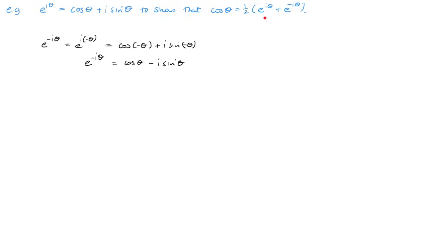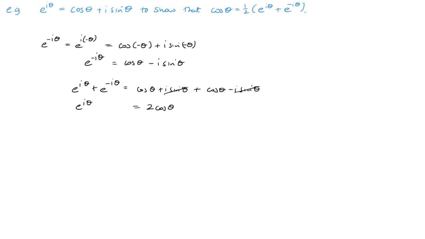Now let's look at this. We'll start with this side. e to the i theta plus e to the minus i theta. So that's going to be cos theta plus i sine theta plus cos theta minus i sine theta. These two are going to cancel the i sine thetas, and it's going to leave me with 2 cos theta.